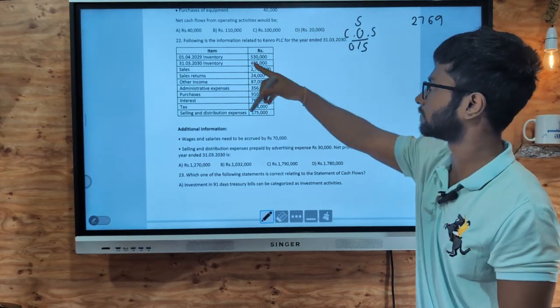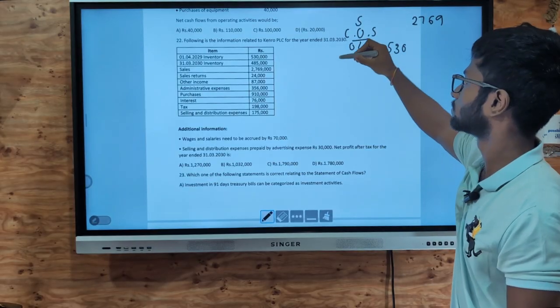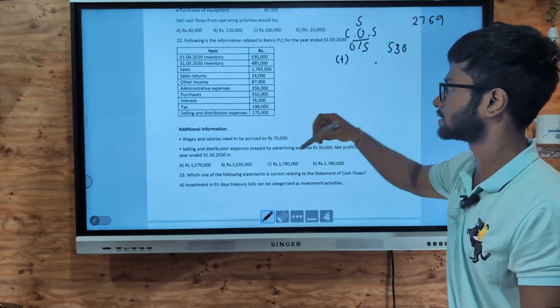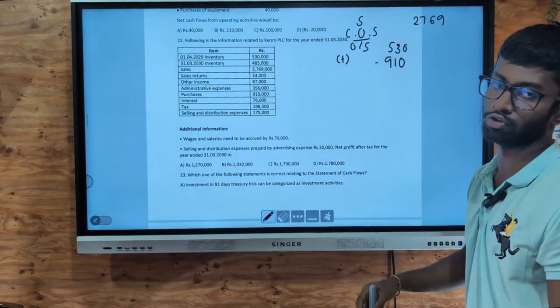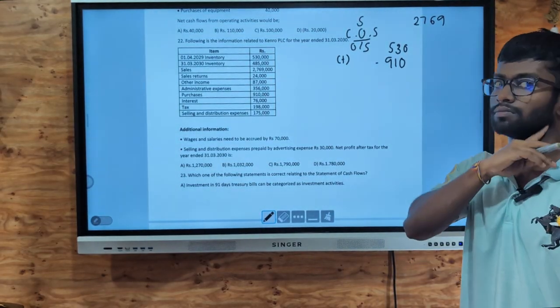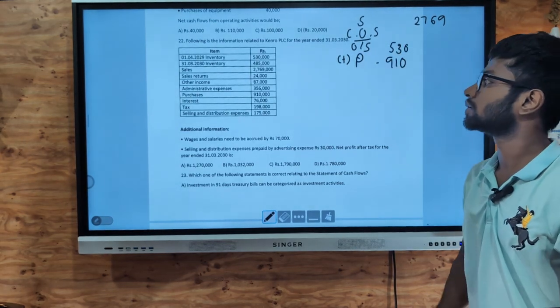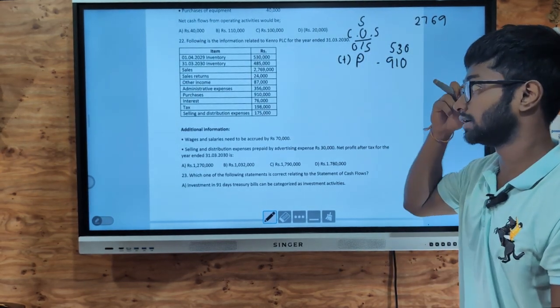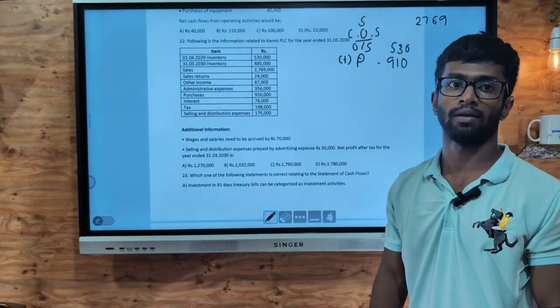Opening stock, we have 530. Plus purchases, we have 910. So you basically calculate the cost of this sale. So to your opening stock, you add the purchases, and whatever is remaining, you never sold them, so that won't become a cost for you.